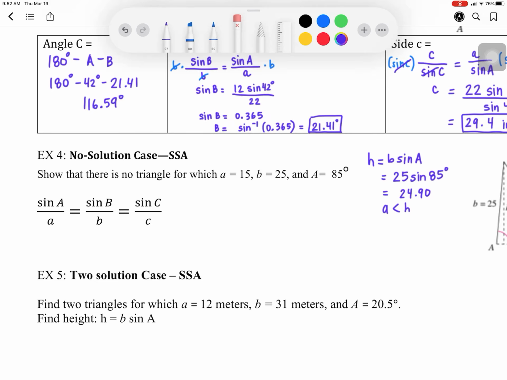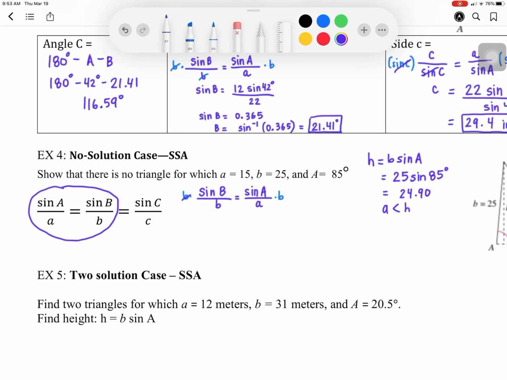So, angle B, I'm going to go ahead and use these two because they gave us angle A and side b. I'm going to switch it up so that angle B is on the left side. So I'm going to write sine B over little b is equal to sine A over little a. And I'm going to multiply both sides by side b.